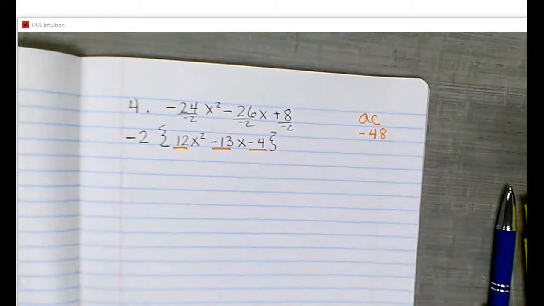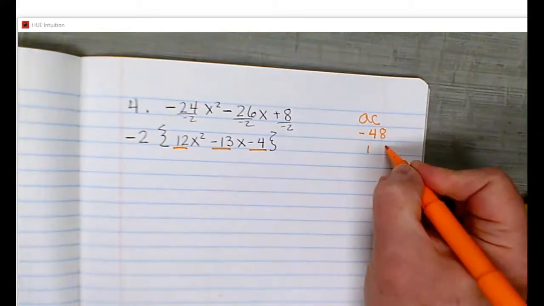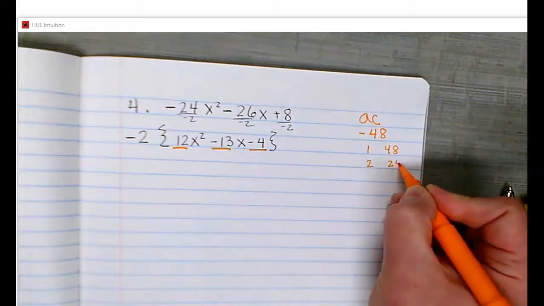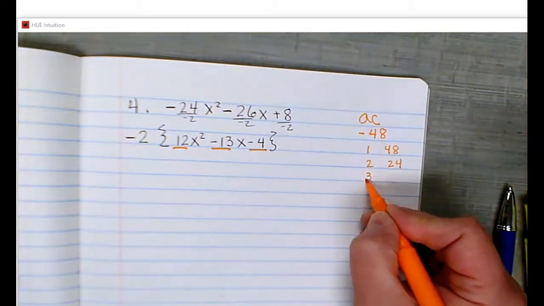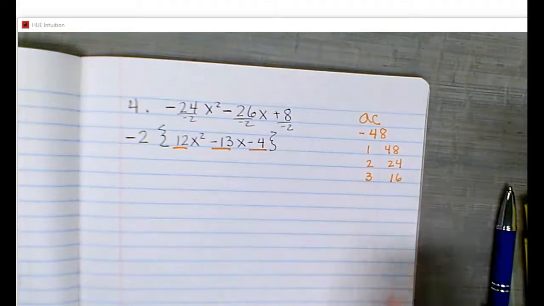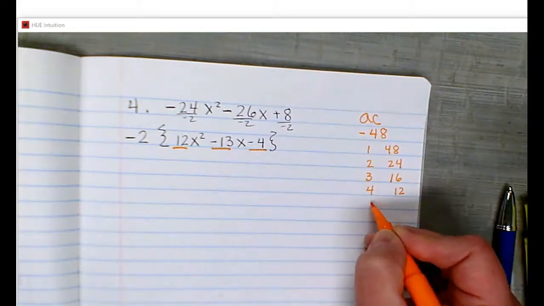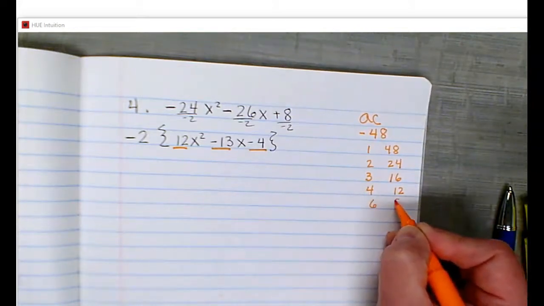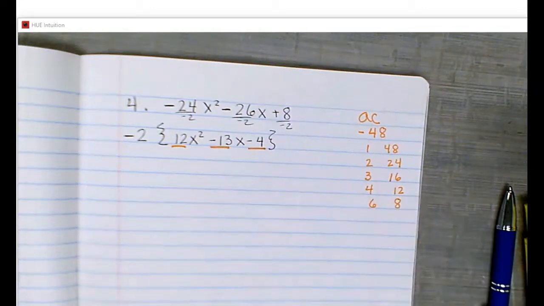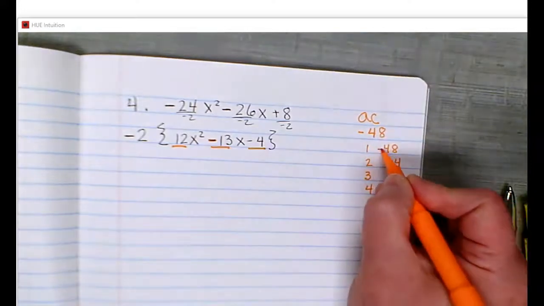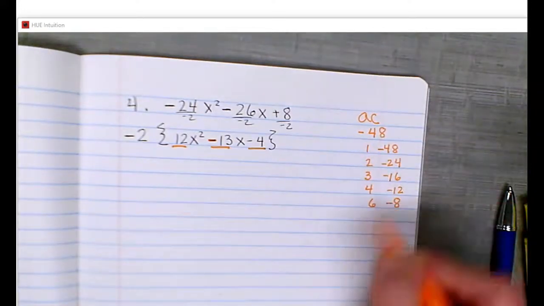The factors of 48 are 1 and 48, 2 and 24, 3 and 16, 4 and 12, 6 and 8. If this is negative, the bigger one needs to be negative.